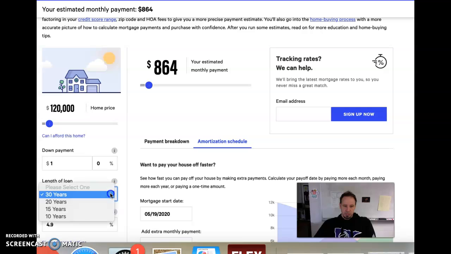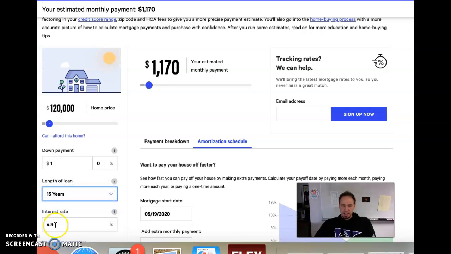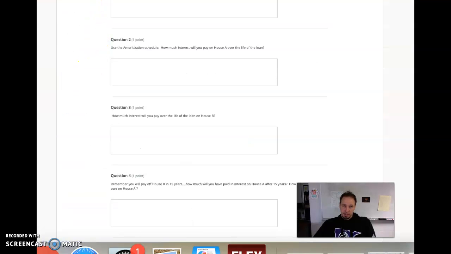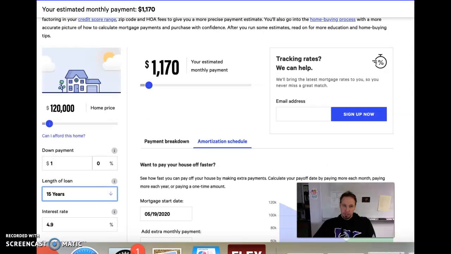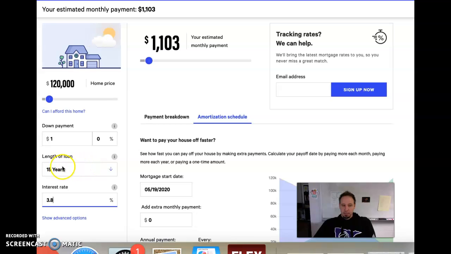But here's what we need to do. We need to change the term from 30 to 15. And because you're doing a shorter loan, you also have a lower interest rate. I think it was 3.8, 3.9, I can't remember. That's going to lower your payment quite a bit. The shorter term that you get, you usually are going to get a little bit better of a rate.